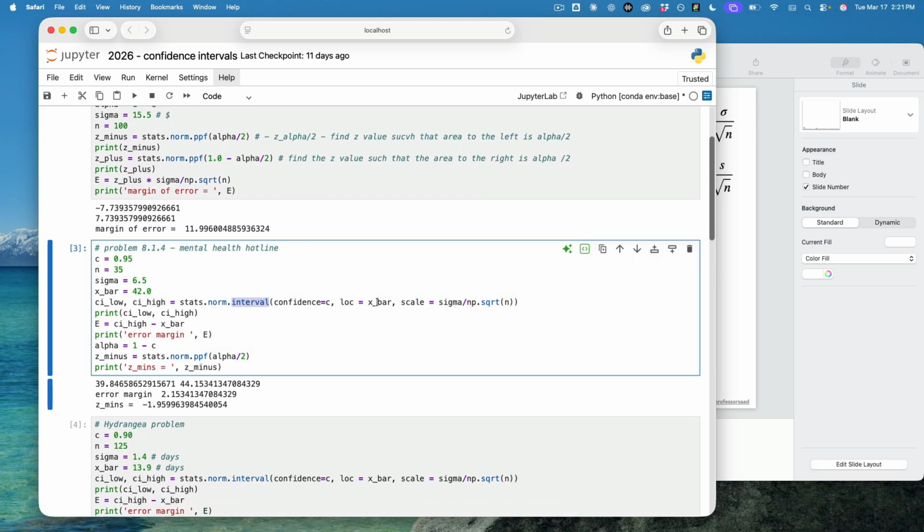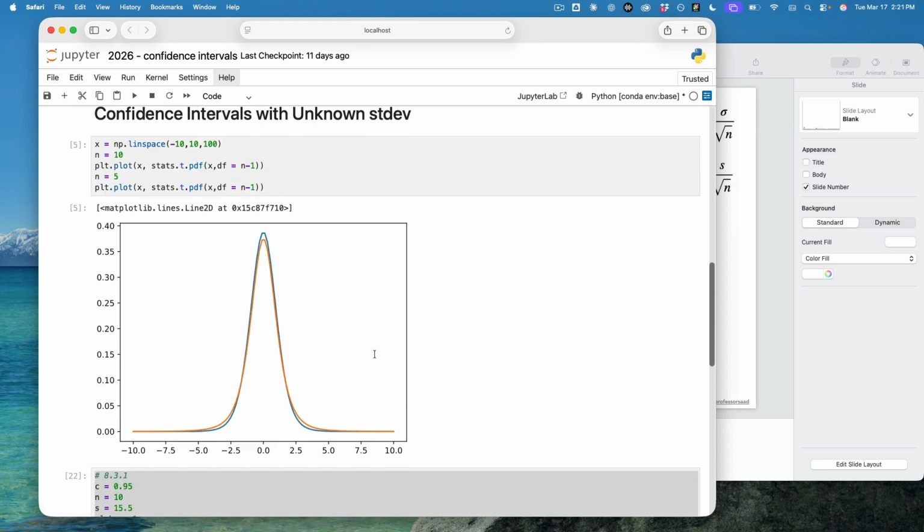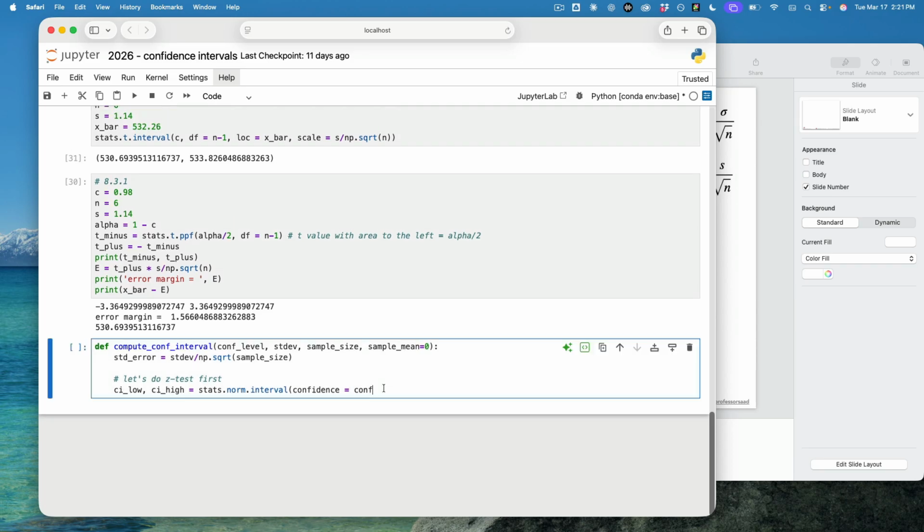Yep, confidence, location, scale, etc. So this is going to be the confidence level, and then the next one was the location, and that will be the sample mean. All right. If it's 0, it's just going to give us the errors, right? If not, it's going to give us the confidence interval. And then for scale, we want standard deviation over square root of n, but I already computed that, and I called that the standard error.